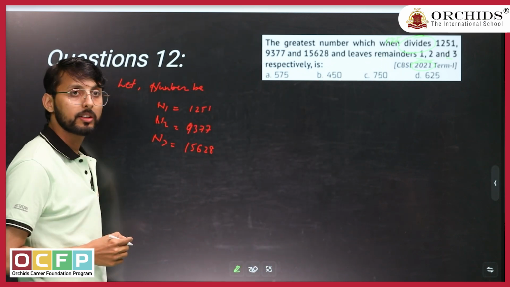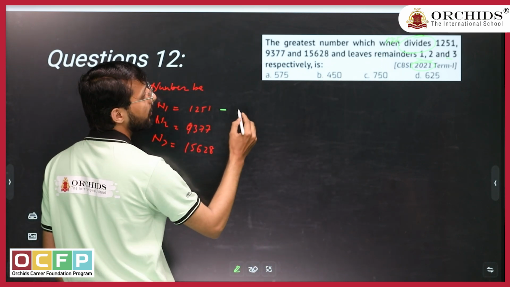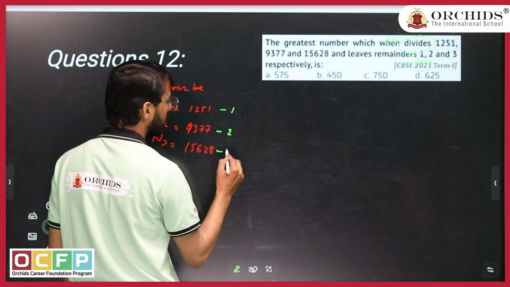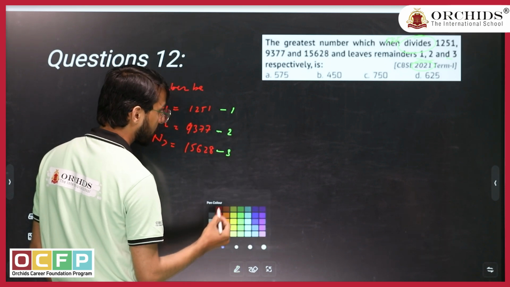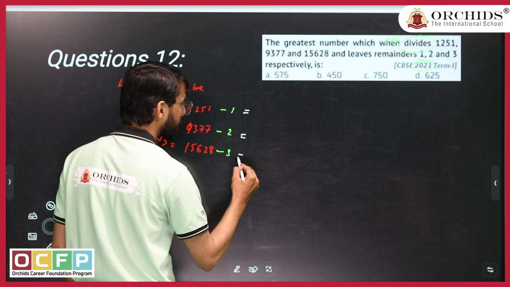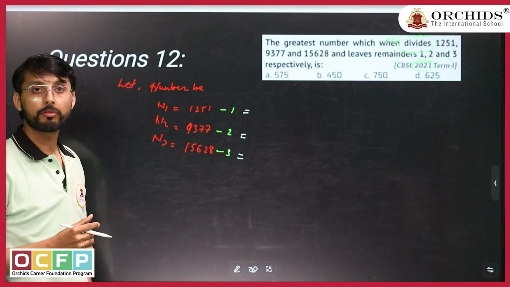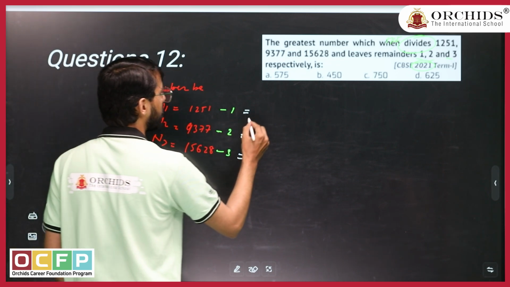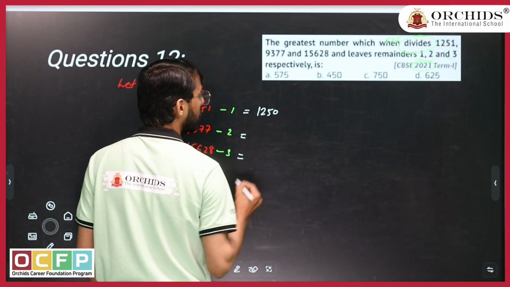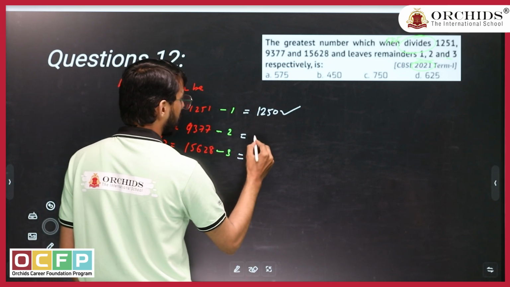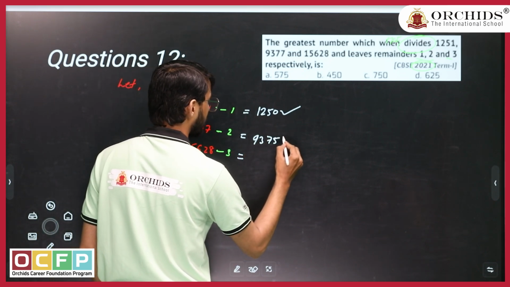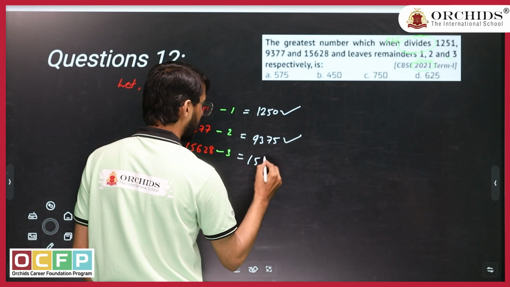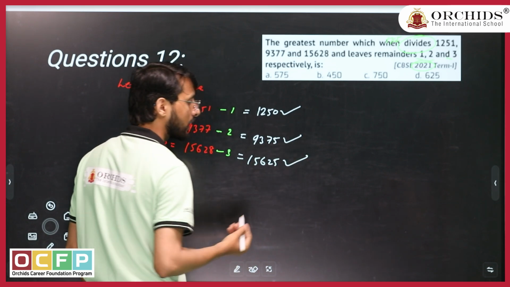So whatever remainder is there, first subtract that remainder: remainder 1, remainder 2, remainder 3. On subtraction, we have to find by which number the resulting values are completely divisible. So 1250 is the first number, 9375 is the second number and 15625 is the third number.